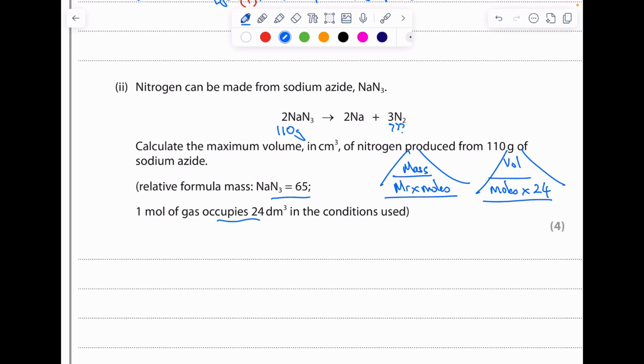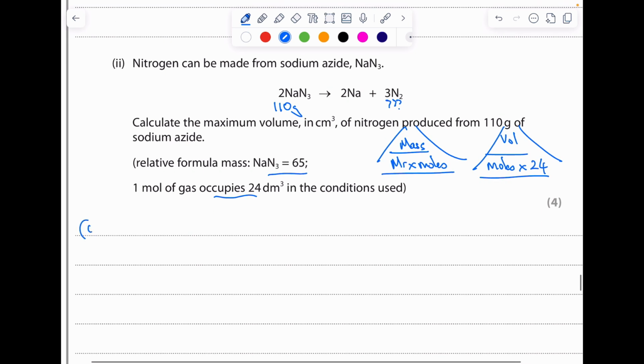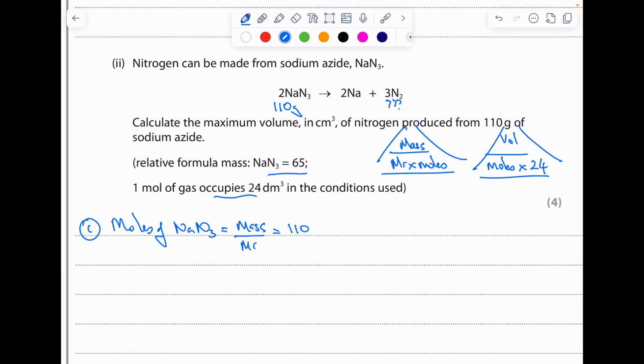Right, let's go for this. So first job, step one, is I don't want to work here in grams. I want to convert this to moles. So I'm going to use this triangle here to find the moles. And moles is mass divided by Mr. So my first job is moles of NaN3 is going to be the mass divided by the Mr. So the mass in this example is 110.